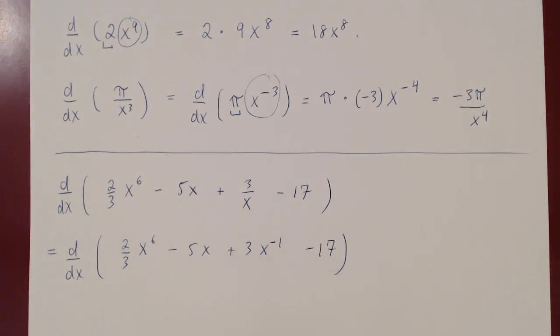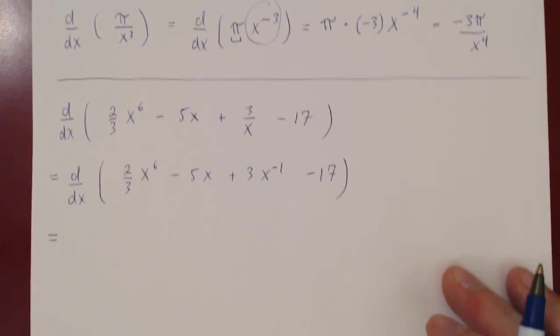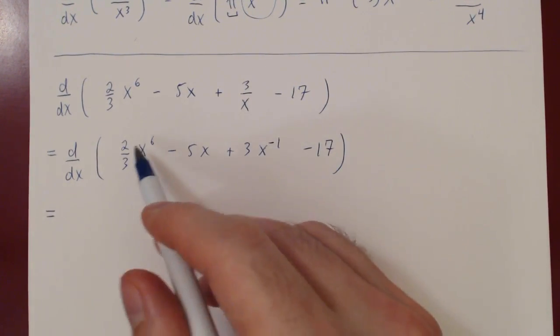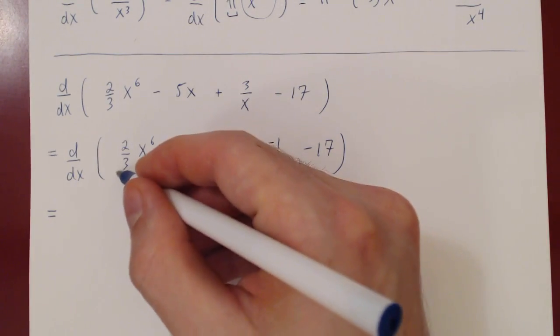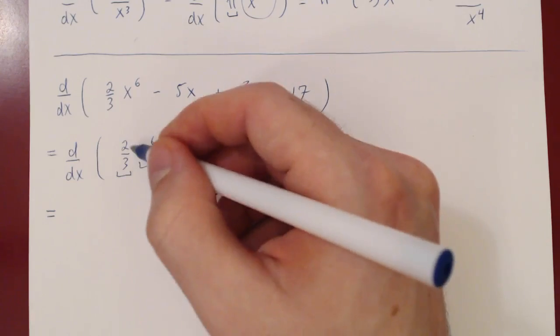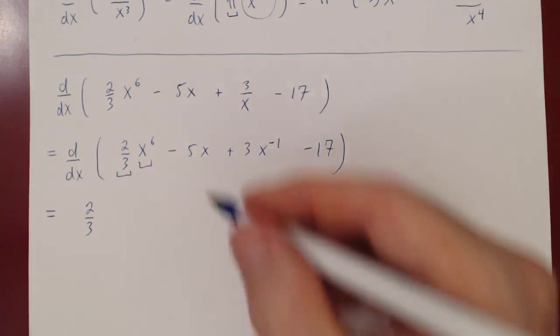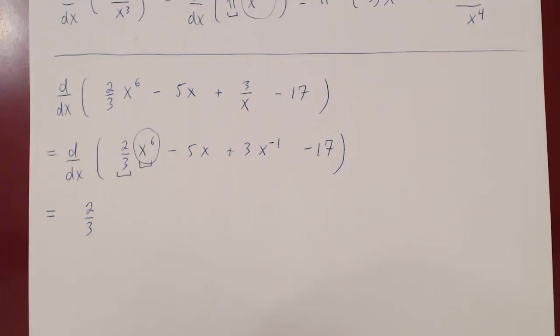And now we can apply all the rules together. Sum difference rule, constant rule, power rule, constant multiple rule. So the first term, derivative of 2/3 times x to the 6. 2/3 is a constant multiple, so it just stays 2/3, times the derivative of x to the 6. We now use the power rule.